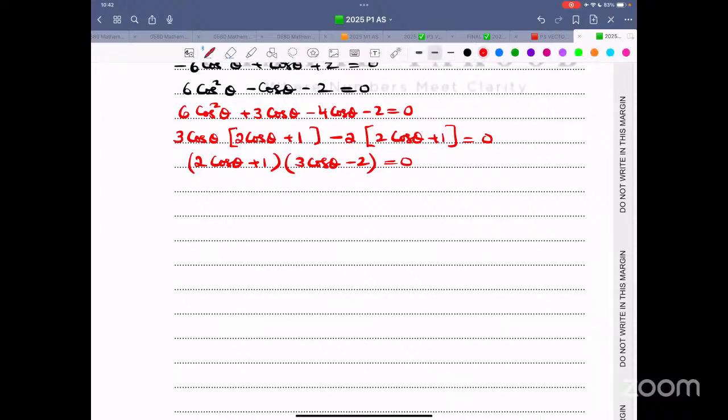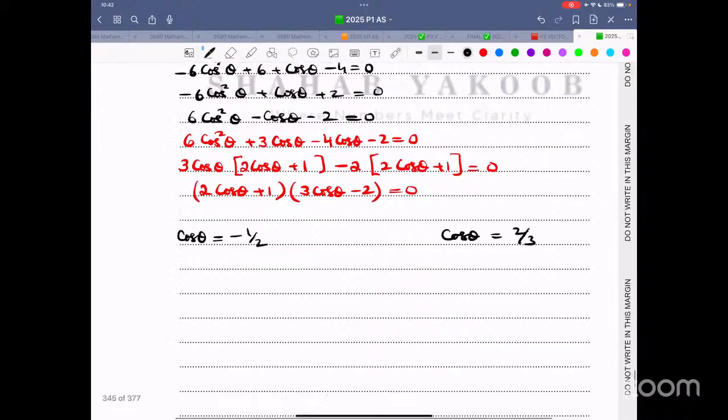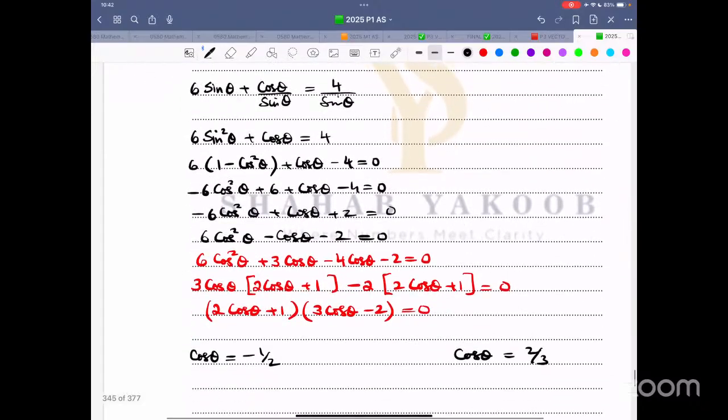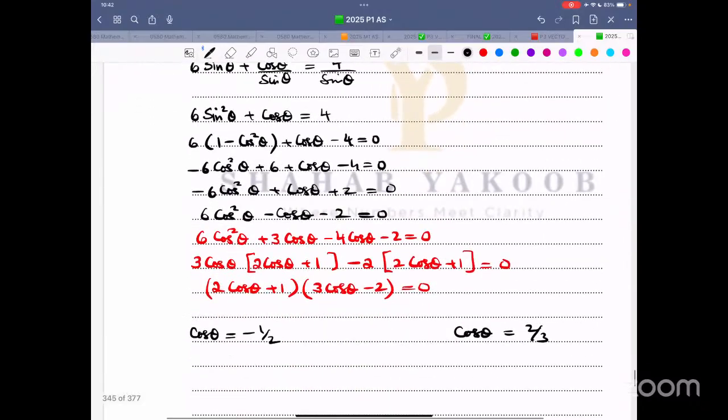Okay, so now let me work it out. Cos theta equals negative half and cos theta equals 2/3. First of all, that is the first part. Up till here, that is part 1. That is done and dusted.